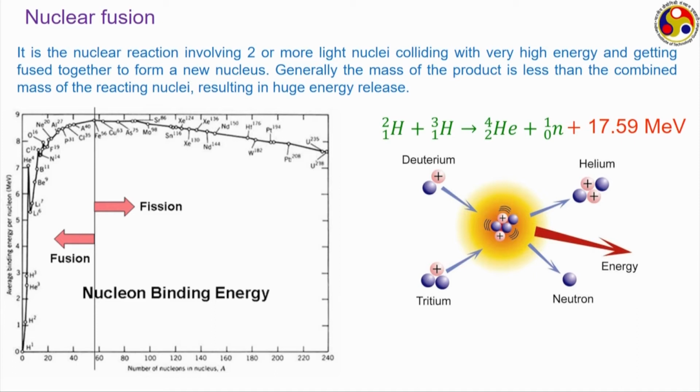Now, you may think, what is the big deal, like fission of one uranium gives us about 200 MeV of energy or slightly higher than 200 MeV, and here we are talking about only something like 17.6. But just combine this particular energy yield with the corresponding mass of the reactant.